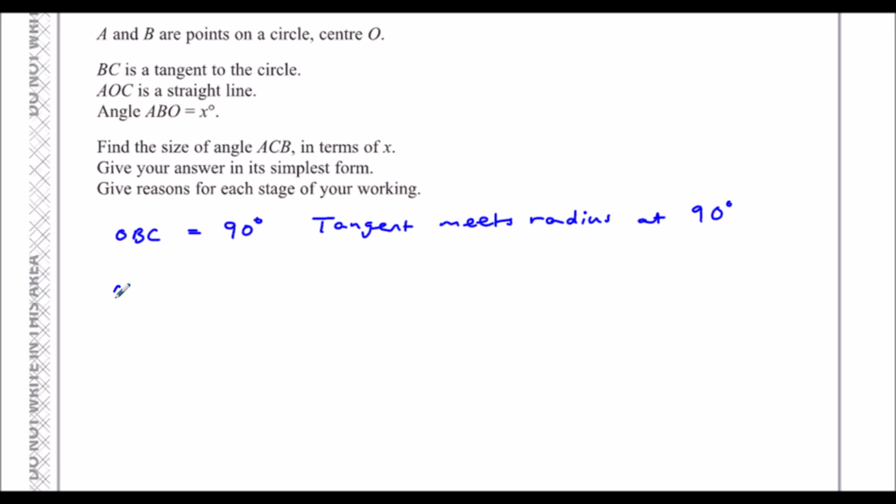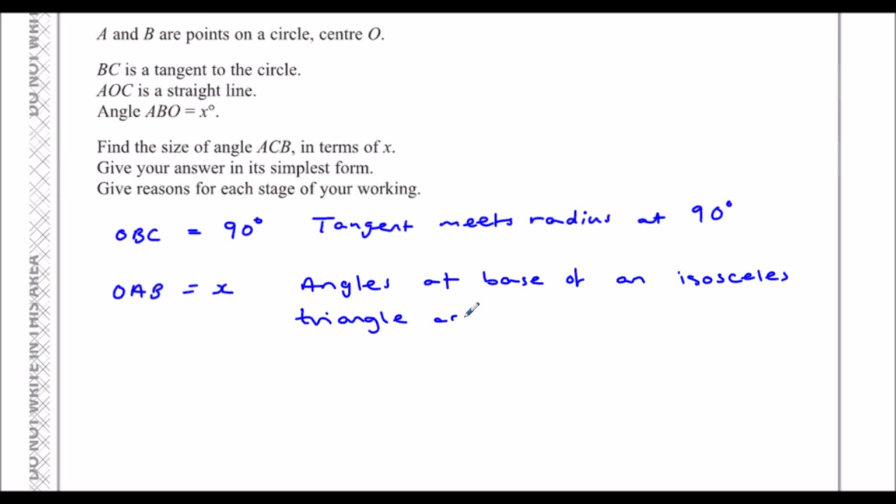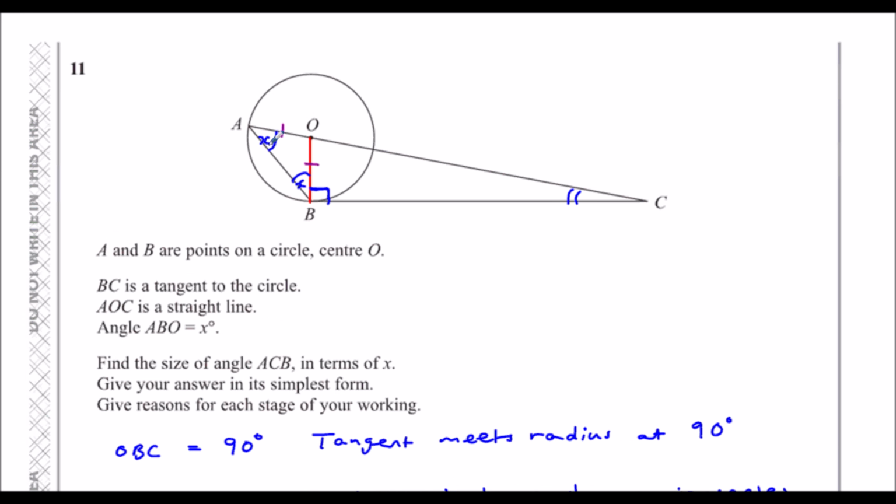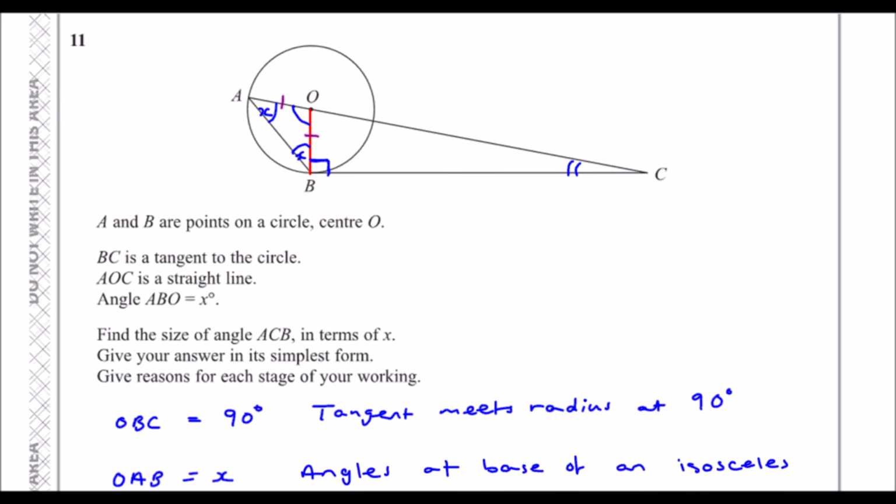So OAB is X, and that's because the angles at the base of an isosceles triangle are equal. So we've got X and X, so that means we can work out AOB, because the angles in a triangle add up to 180 degrees.